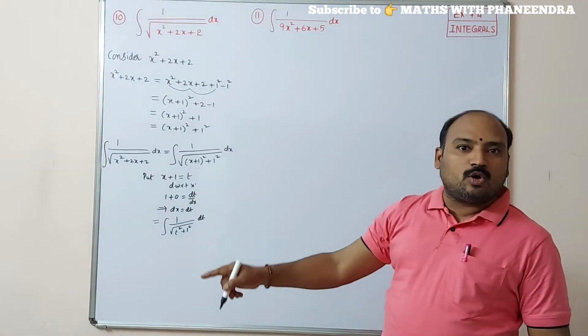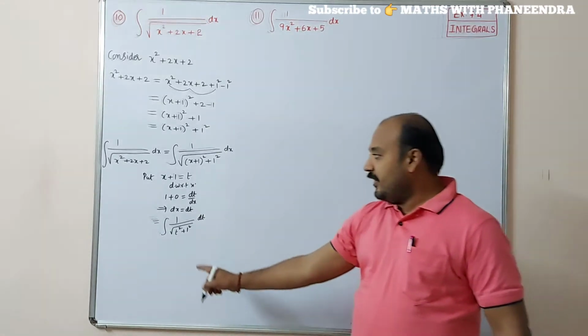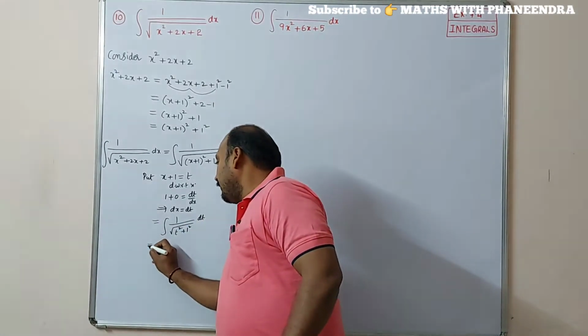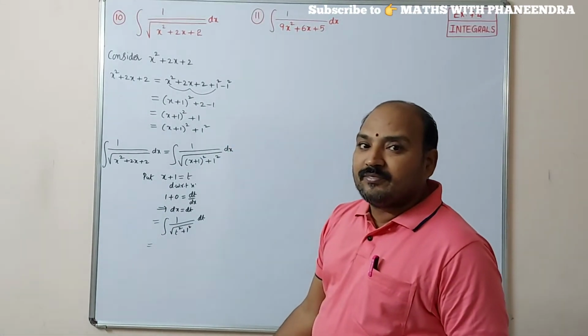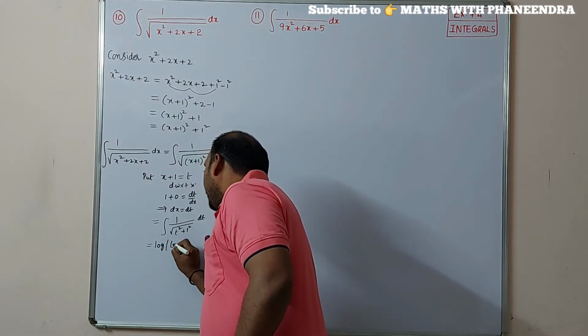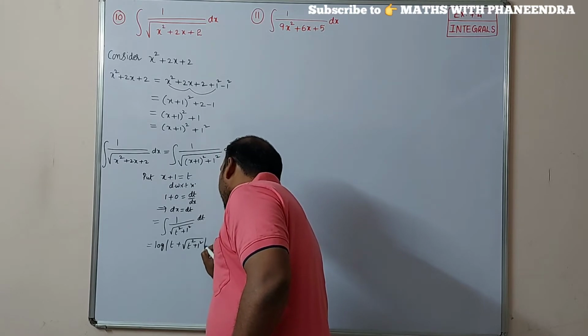So, integral 1 by root of x square plus a square. What is the formula? Integral 1 by root of x square plus a square is log mod x plus root of x square plus a square plus c. Here it is log mod t plus root of t square plus 1 square plus c.